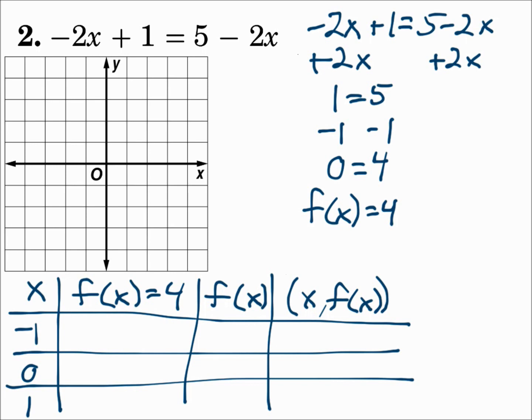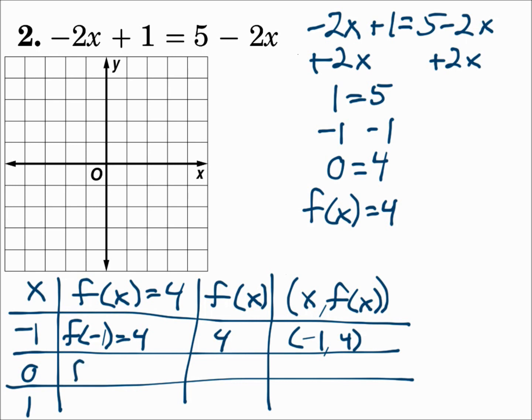Be aware that this is going to look a little bit weird. Just go with it. F of -1, there's nowhere to substitute the -1, so it's still just a 4. That f of x value is 4, so I have the ordered pair -1, 4.